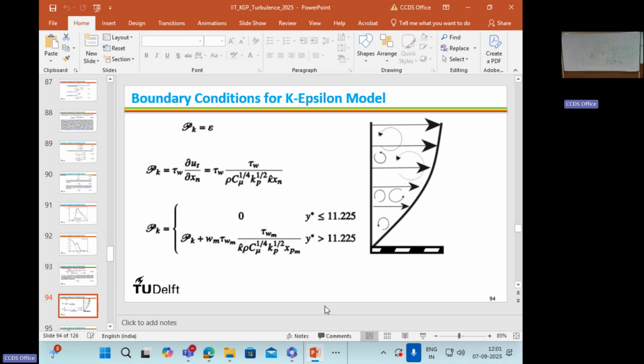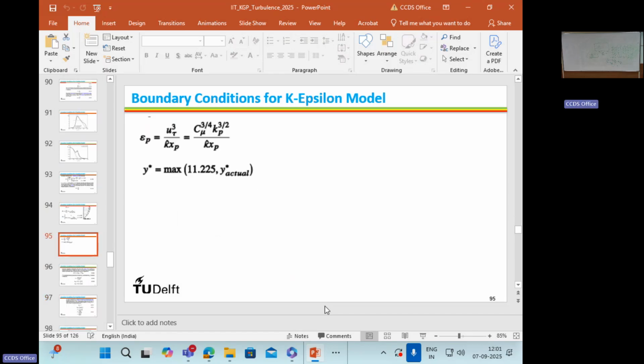So if you equate, you find the expression for the production, and the production term looks like this. Then you equate the production to the dissipation, and you will find the dissipation term. The dissipation will give you an equation like this, right?